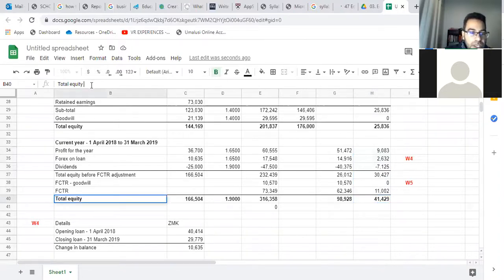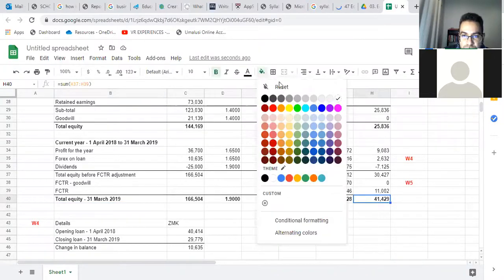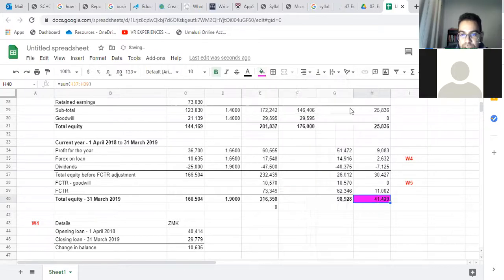So total equity at 31 March, not 2016, 2019. So just take a note of that. I'll highlight this in different colors so that you can see the color codes. Let's start there.